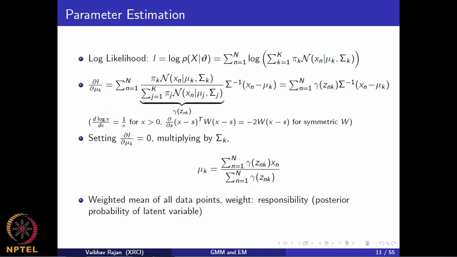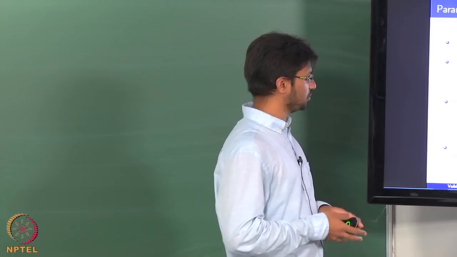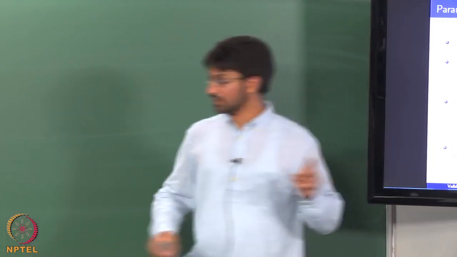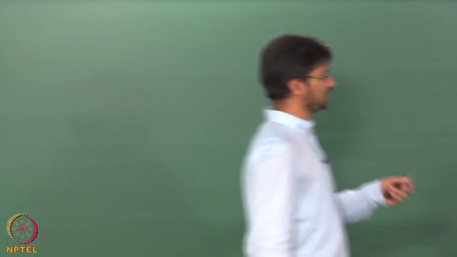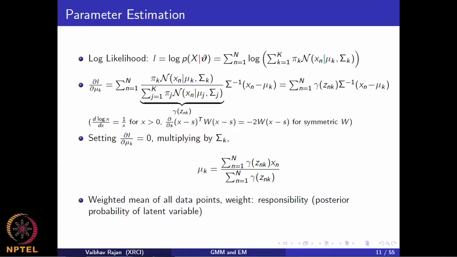But just to play with the math, let us still do it. Let us take the derivatives, but we will make one crucial assumption, which is that we know the responsibility terms. Let us see how it works out. So we have the log likelihood, and then let us say we want to find each of these parameters.